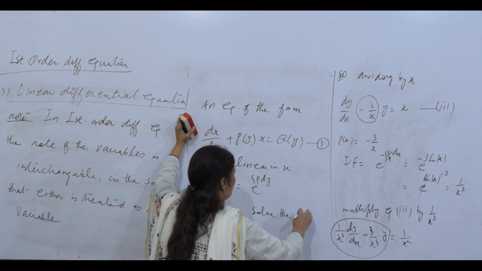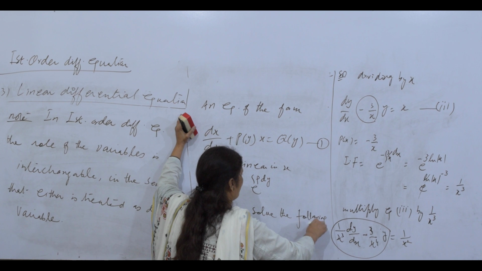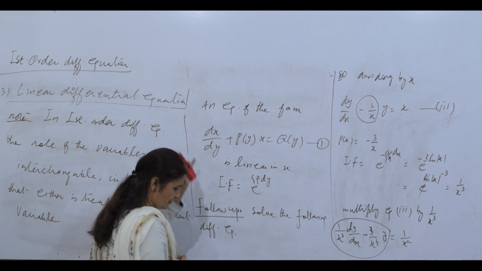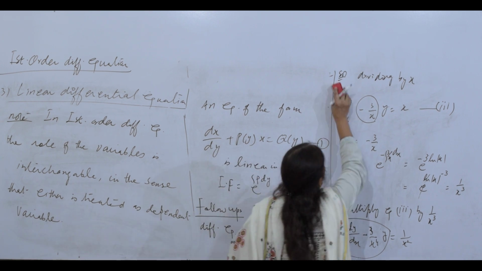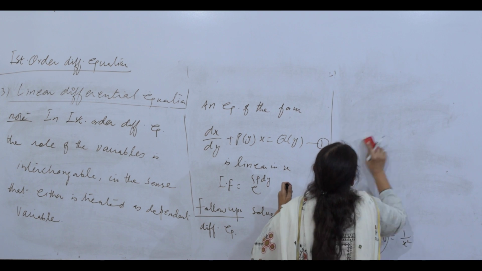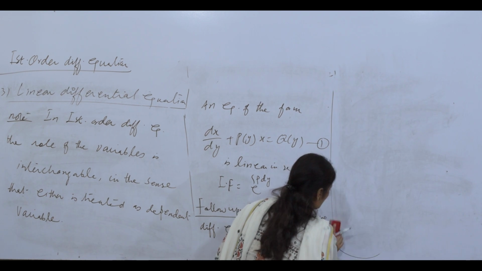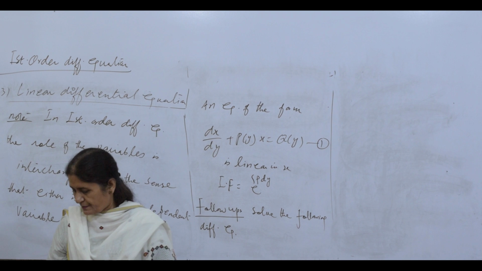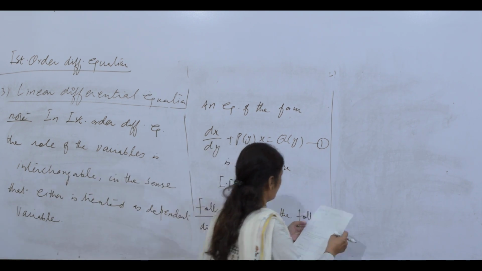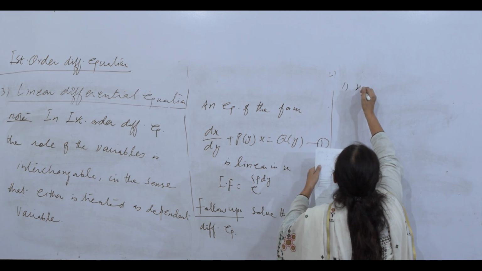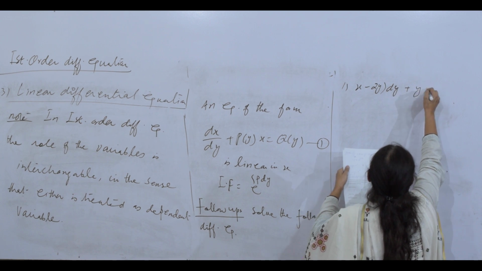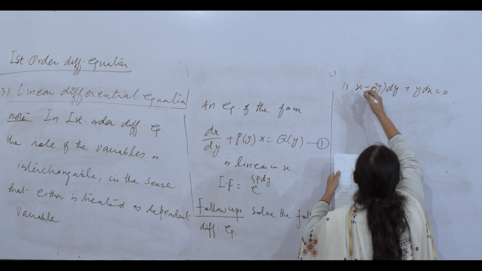Follow up. Solve the following differential equation. Number 1, (x minus 2y) dy plus y dx equal to 0.